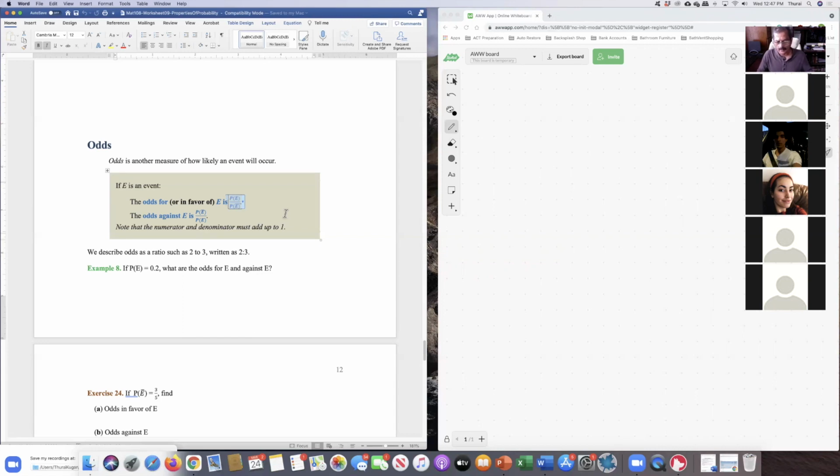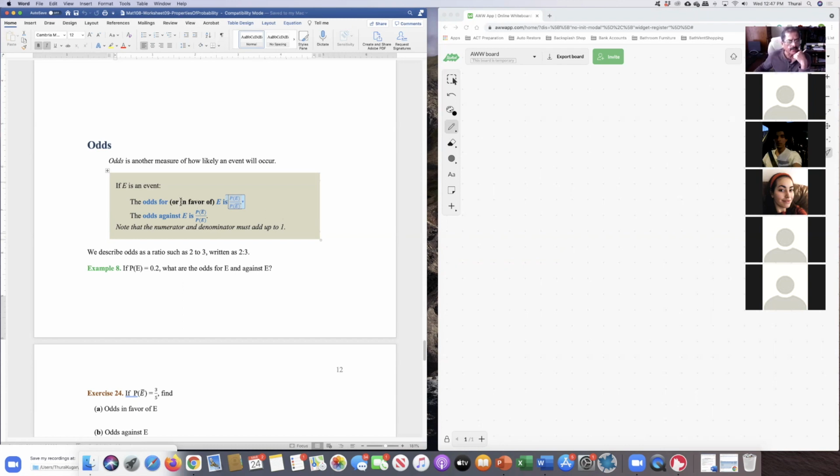By doing this, we are looking at the event happening and the event not happening, comparing those two numbers as a ratio. What is the likelihood that it'll happen as opposed to not happening?